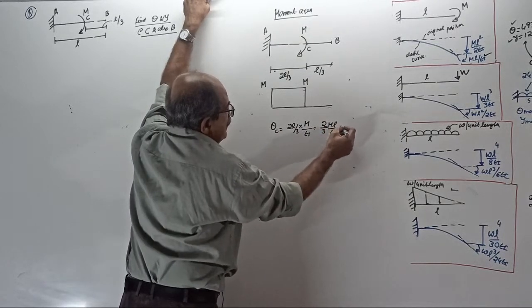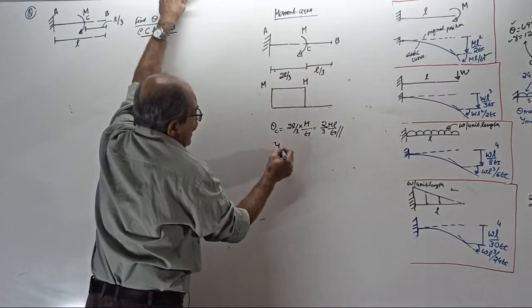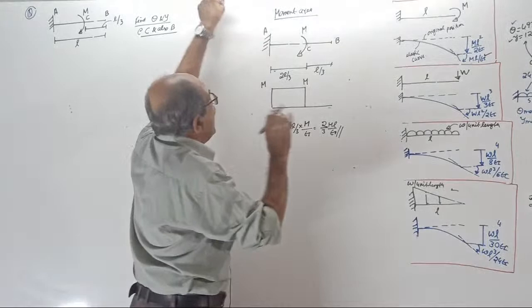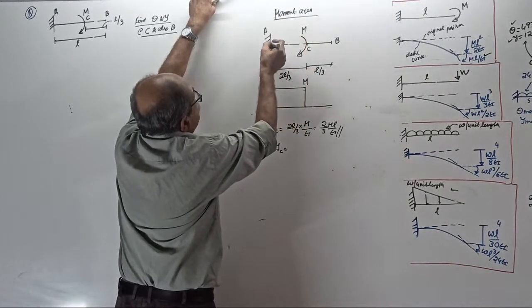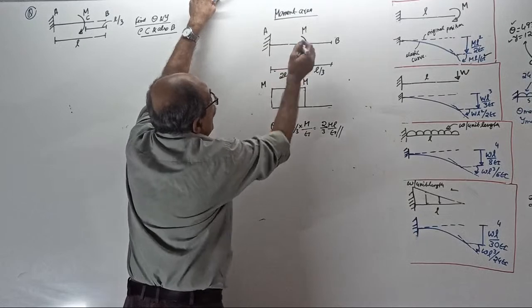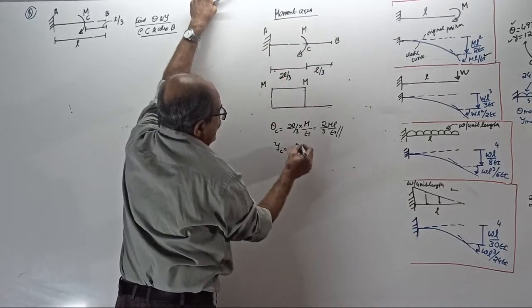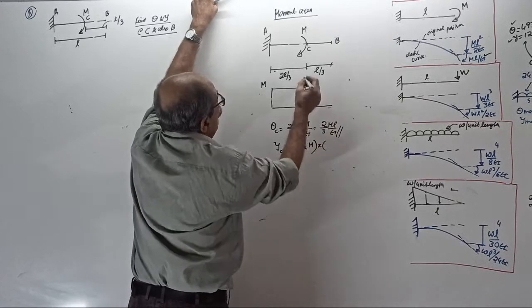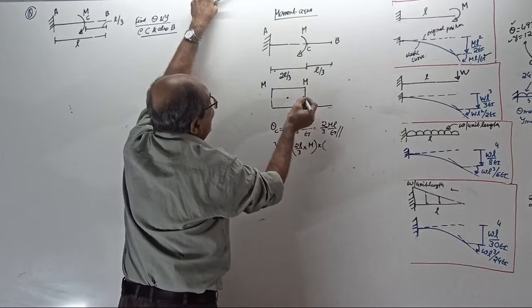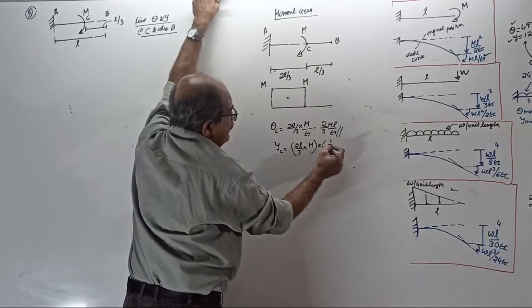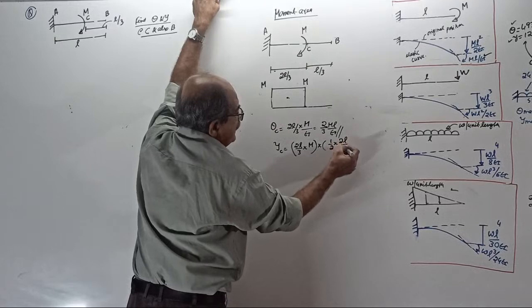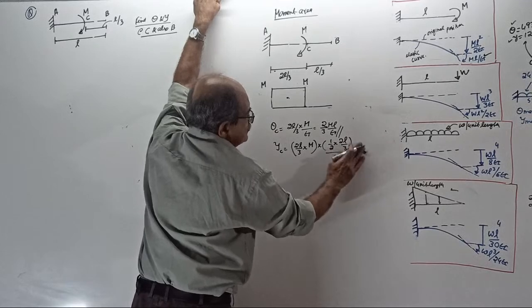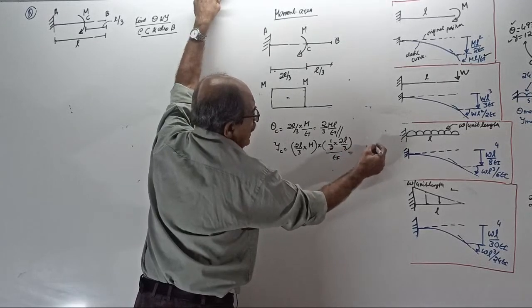Then deflection at C required: moment of the area of the BM by EI diagram from the C point up to the fixed end about C, equal to area 2L by 3 into M, into center of gravity, which is half of 2L by 3, divided by EI. And tell the answer. It will come as some number into ML square by EI.